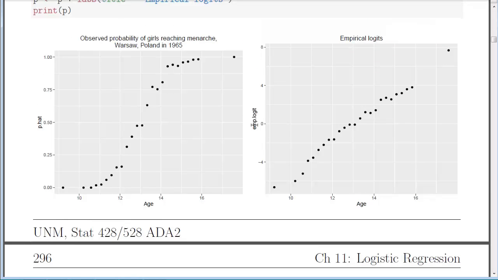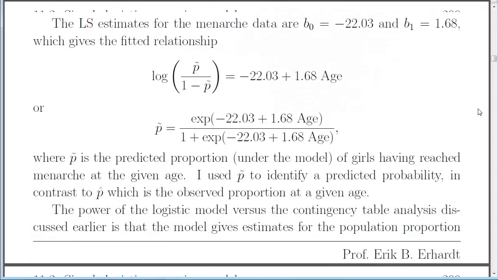If those empirical logits are nice, the way these are, where we've lots of observations... typically the probabilities are going to be 0 or 1, and then the empirical logits are going to be two values that are sort of extreme. So it's really hard, unless you've got data as nice as this, to see whether a straight line is a sensible model for the data.